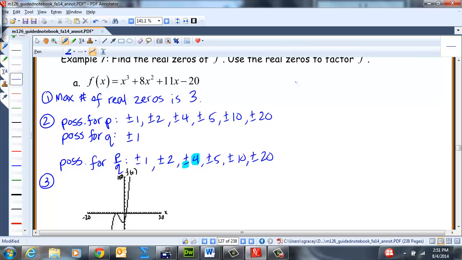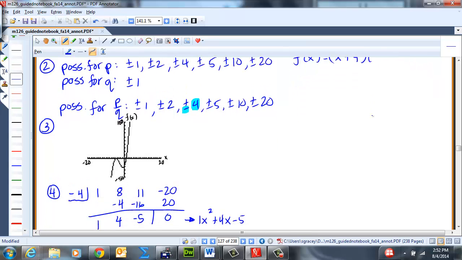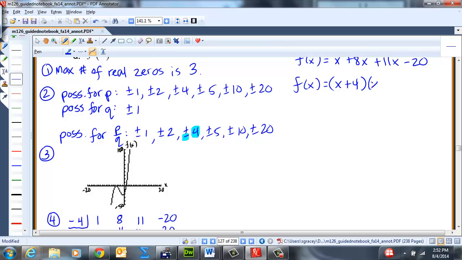So what we found out is f of x, the original, was x cubed plus 8x squared plus 11x minus 20. And we just found out that we can rewrite it as x plus 4, because our 0 is negative 4, times, and let's see what we got for the division, x squared plus 4x minus 5.